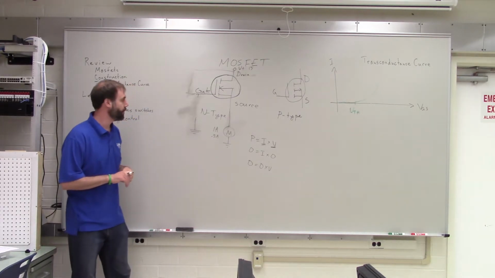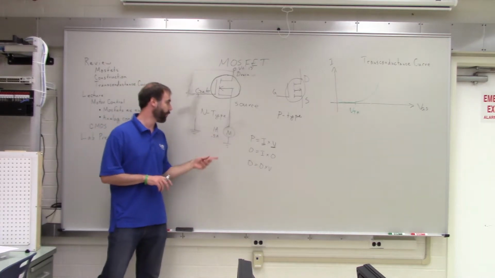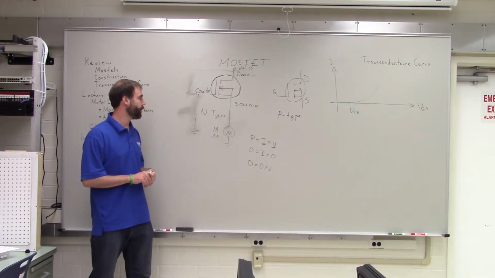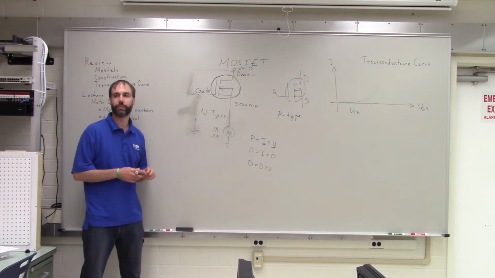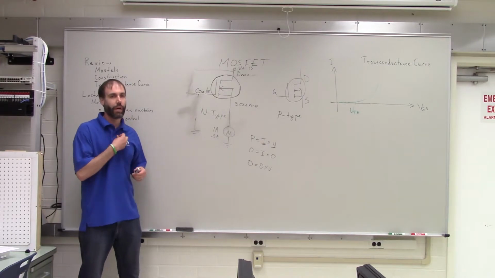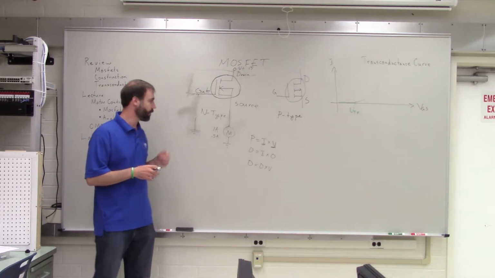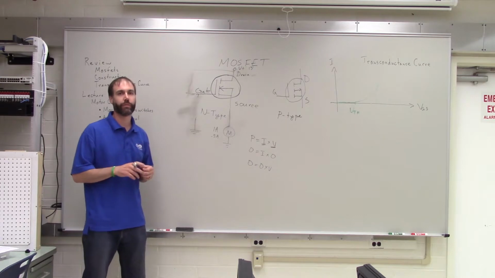So what else could we do if we wanted to control our motor, but have our MOSFET still be pretty efficient? Any ideas? Well, we can do something called pulse width modulation, PWM.